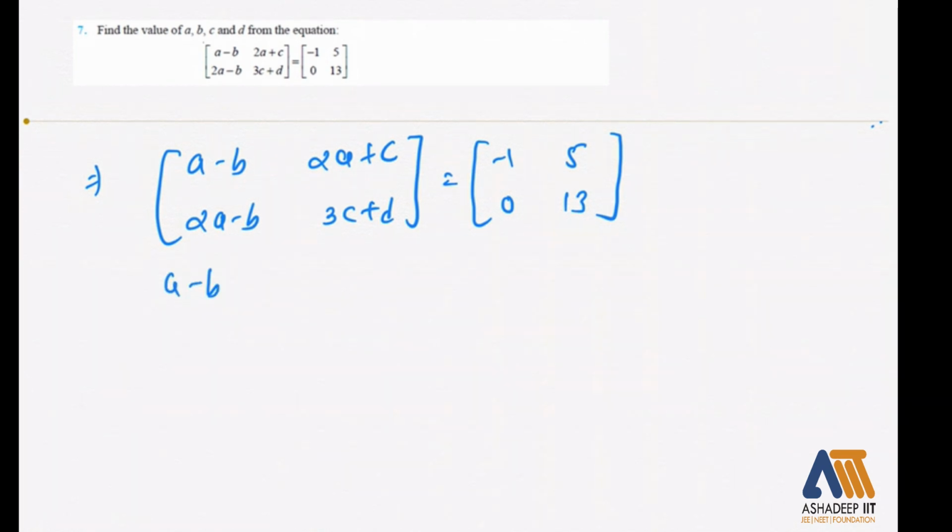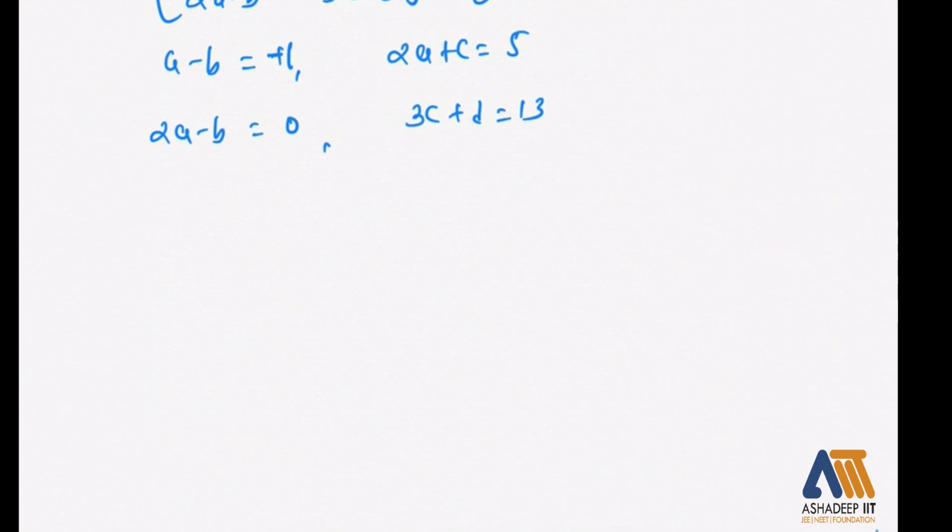So here a minus b is equal to minus 1, 2a plus c is equal to 5, 2a minus b is equal to 0 and 3c plus d is equal to 13. First we will solve these two equations in the form a and b.